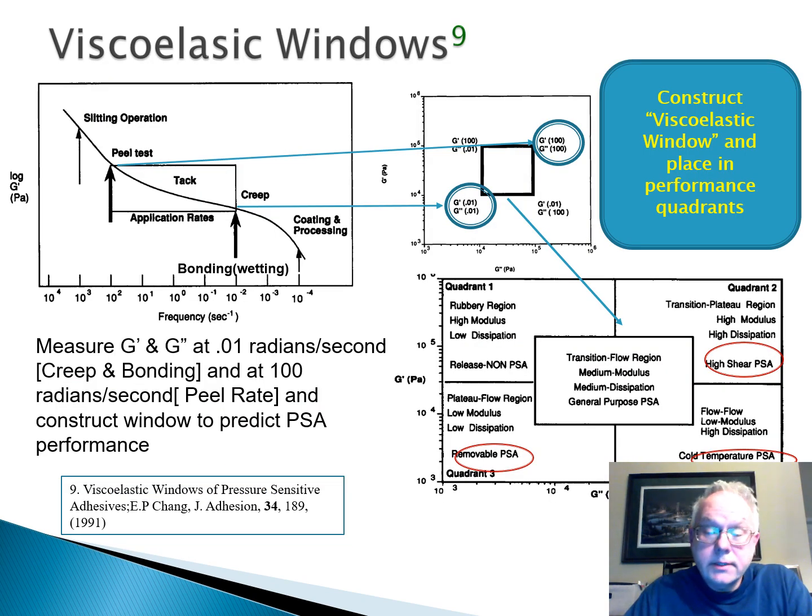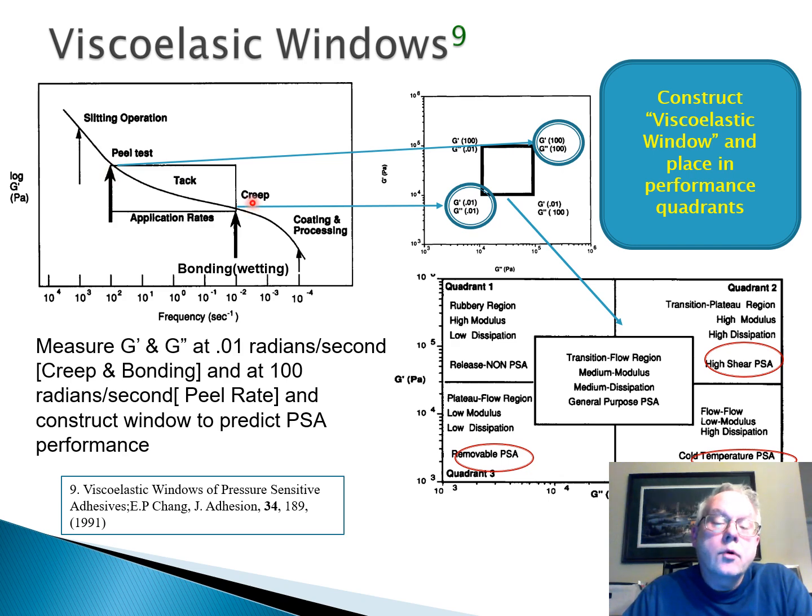This slide shows how you can use a frequency sweep to predict the performance of a pressure sensitive adhesive. This is known as the viscoelastic windows concept, which was published in the Journal of Adhesion. It has you measuring the modulus at the creep frequency and at the peel frequency.